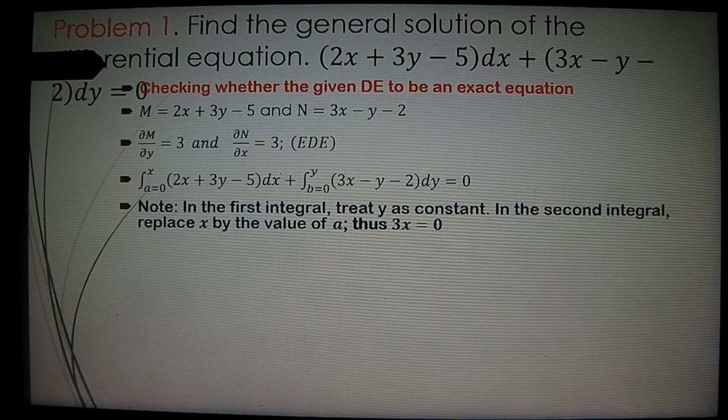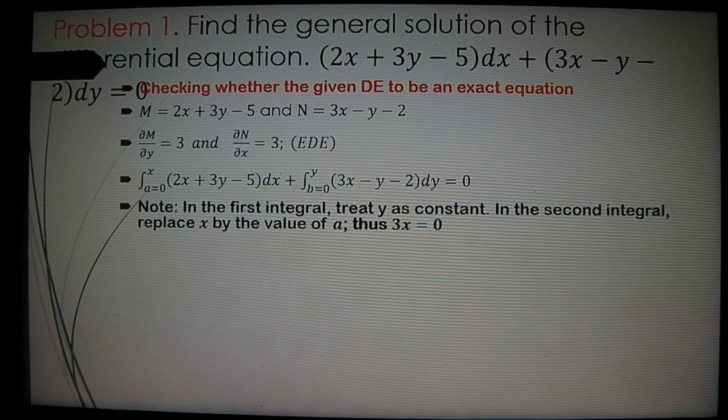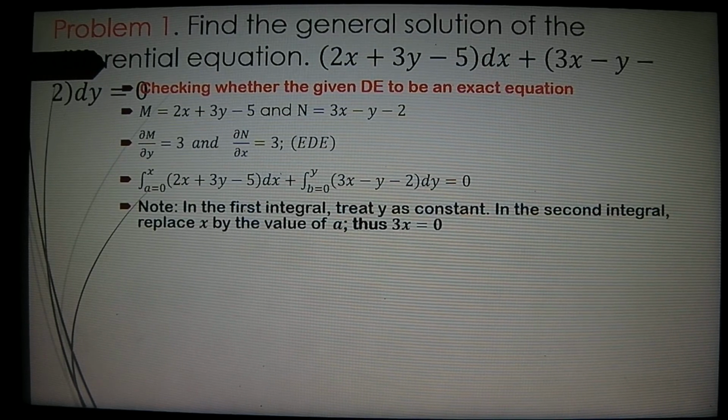Since our reminder in finding the general solution is you have to integrate the first, wherein we have to treat y as constant, meaning that we have to get the integral in terms of x, where y is to be constant.